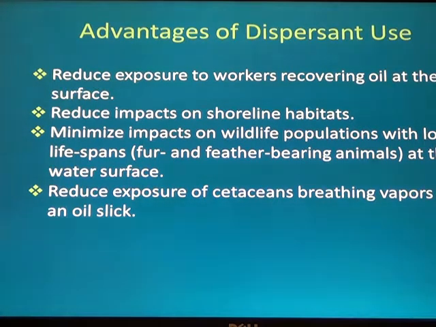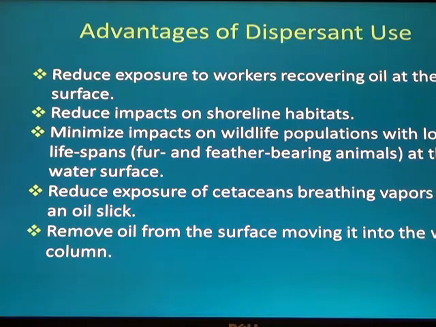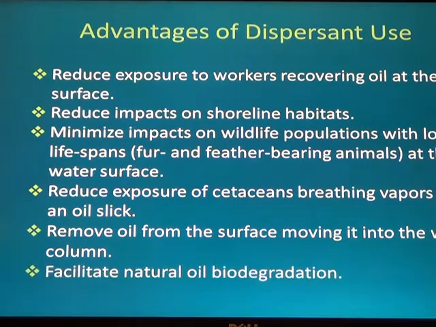It will reduce exposure of cetaceans that are breathing those vapors above an oil slick, potentially. It will remove the oil from the surface, moving it into the water column. And that in turn will lead to a facilitation of that biodegradation that we saw on that first slide.